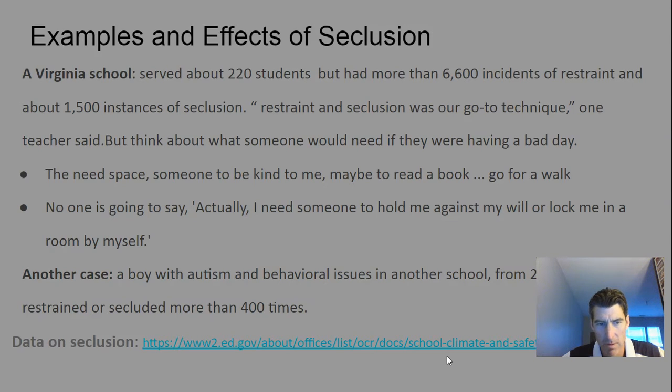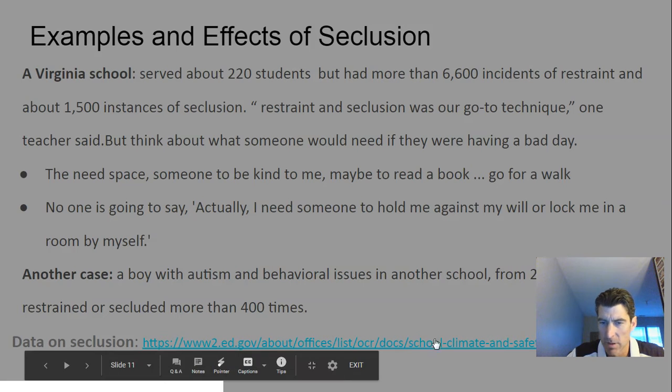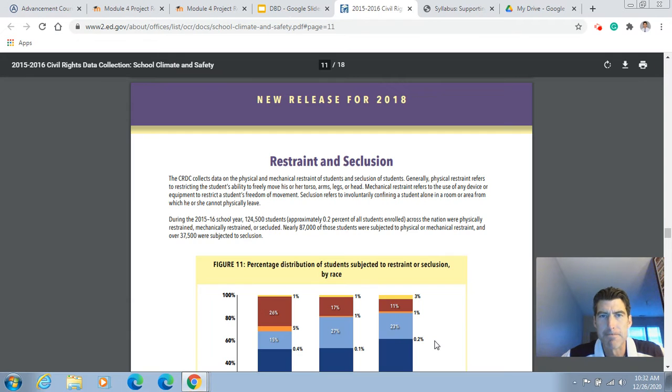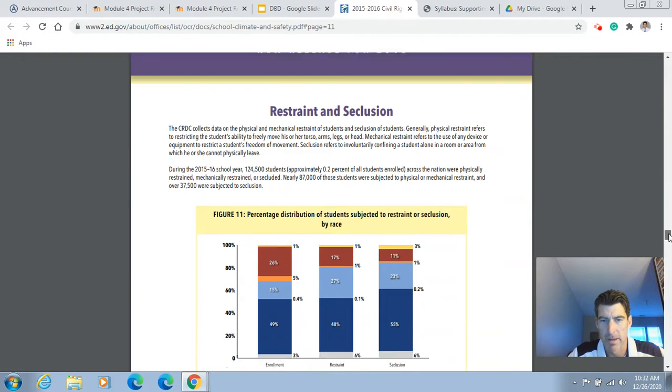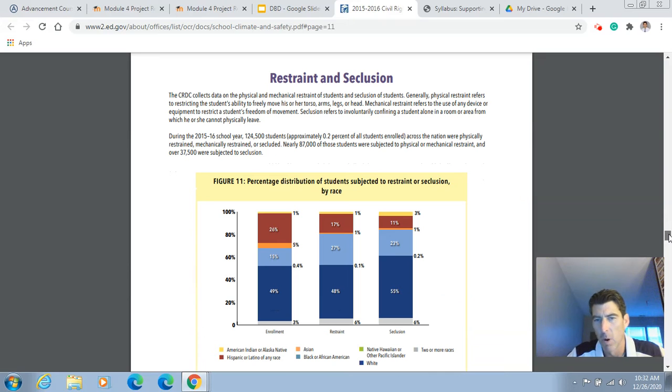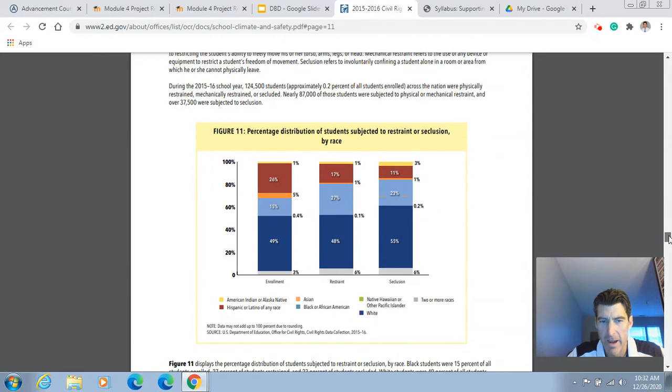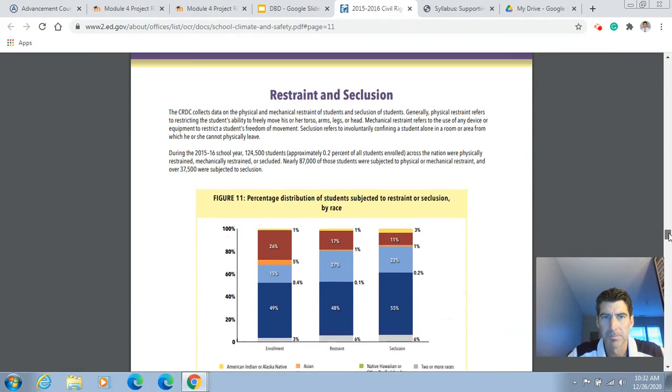There was another case with a boy with autism and behavior issues in a school, who was restrained or secluded more than 400 times. So there are many of these examples and stories, and there's data that exists here on restraint and seclusion that has been compiled and broken down by race and by gender.